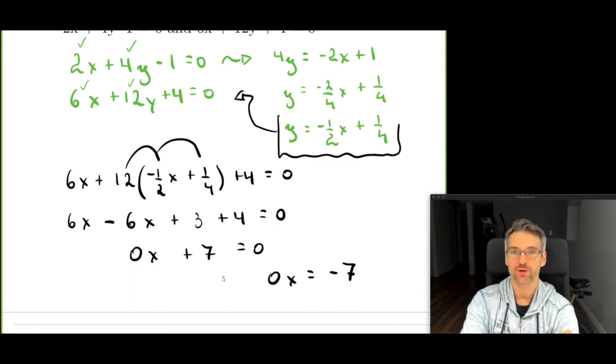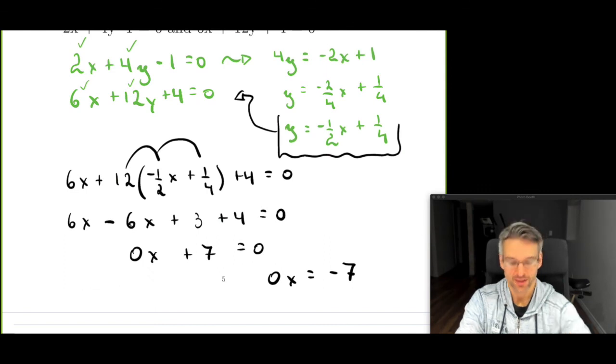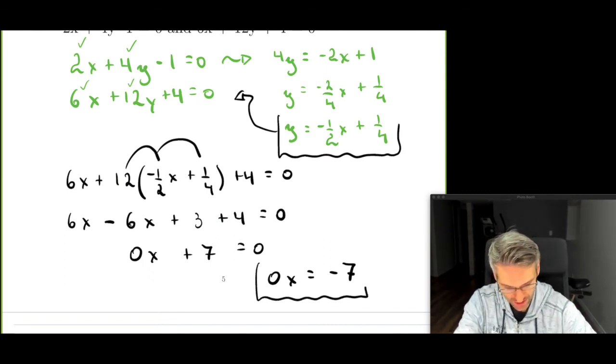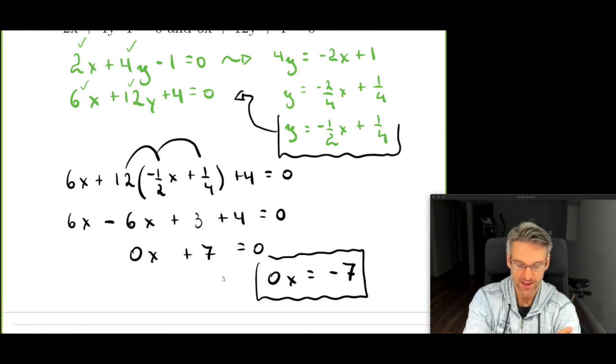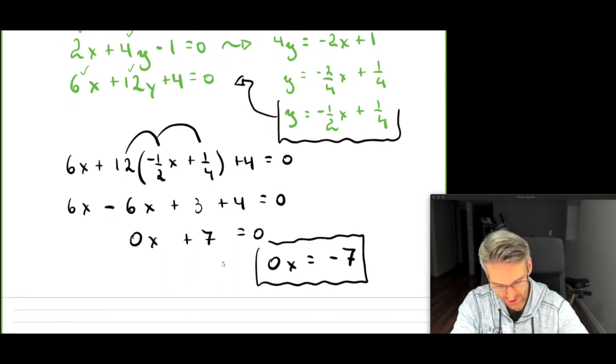When you were practicing solving equations, this was a special case. Notice it doesn't matter what we plug in for x, we're always going to get 0 on the left-hand side, and 0 is never going to be equal to -7. So this has no solution.